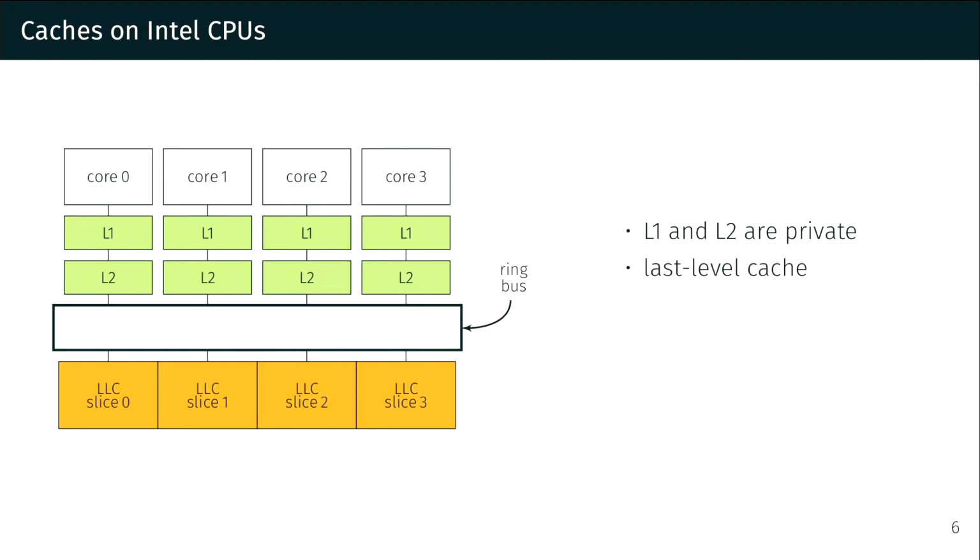This one is divided in slices. We have as many slices as cores, so here four slices. But all the slices are shared across cores, so core 0 can access the whole last level cache, slices 0, 1, 2, and 3. We also have a nice property on Intel CPUs: this level of cache is inclusive. What it means is that everything that is contained in level 1 and level 2 will also be contained in the last level cache. And this will prove to be quite useful for cache attacks.